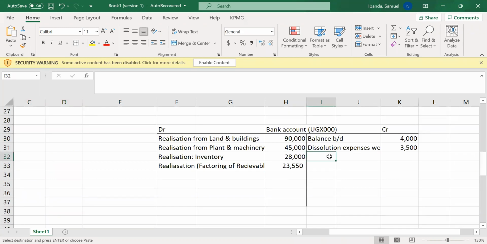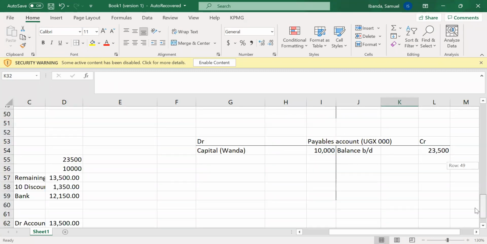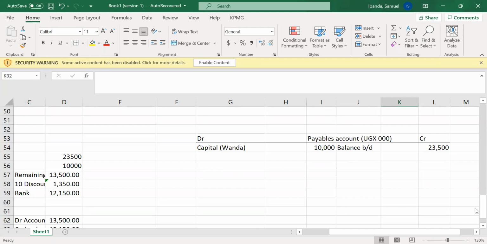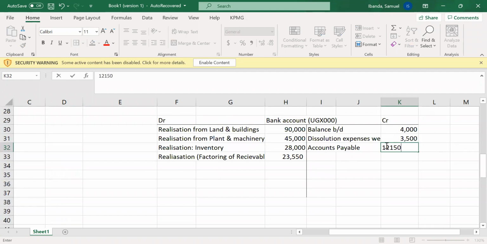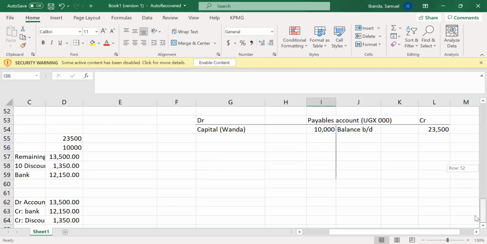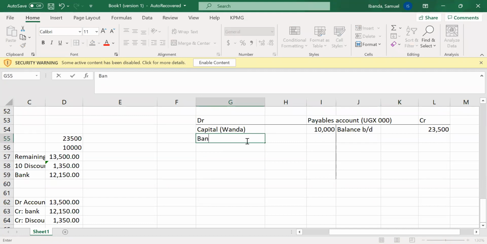Since we are paying, I'll say accounts payable. So I'll have what I am paying, which is 12,150. So as it is there, I want to come here and say bank.